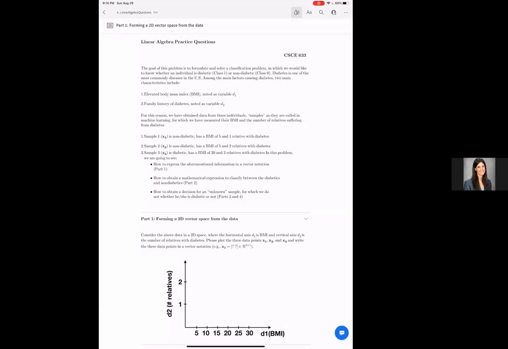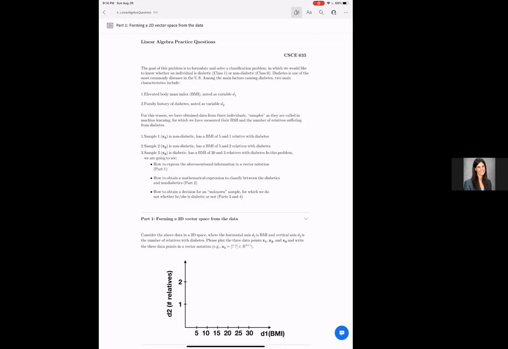And we're going to select two attributes that we know might be related to diabetes, mainly two factors that actually cause diabetes. These include the body mass index, BMI, which is noted in our case as variable D1, and the family history of diabetes, which is denoted as variable D2.